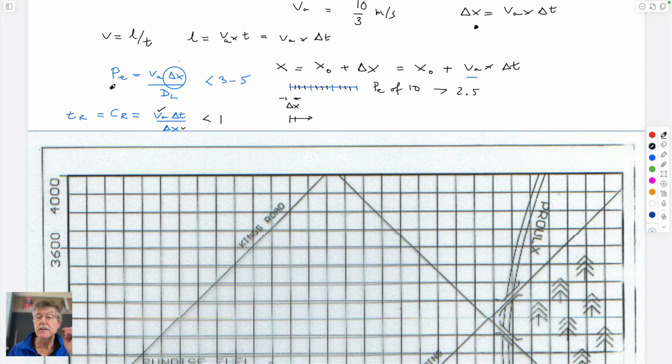If it doesn't work and gives you bad results, make it finer by putting in more elements. And of course, if you double the number of elements in a one-dimensional grid, you double the size of the matrix that you're solving. If you double them in a two-dimensional grid, then you quadruple them, multiply by a factor of 4. And if it's in a three-dimensional grid, I guess it's to the power cubed, so it's 8.